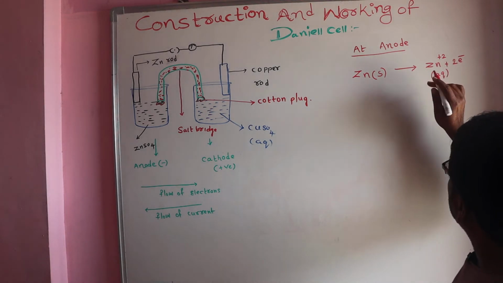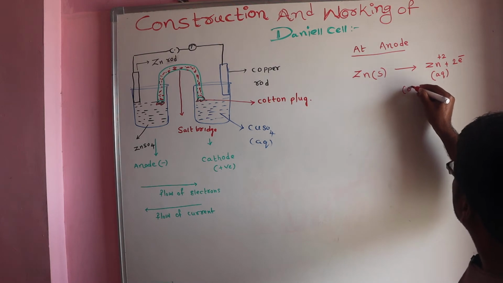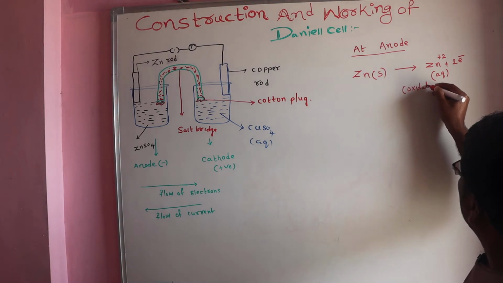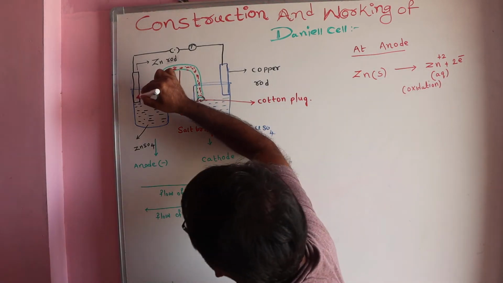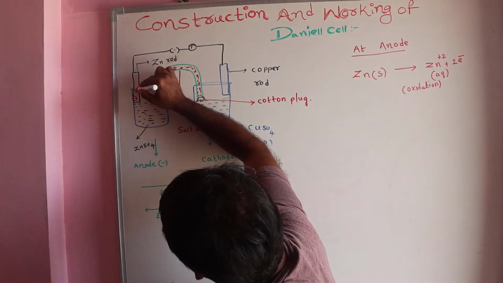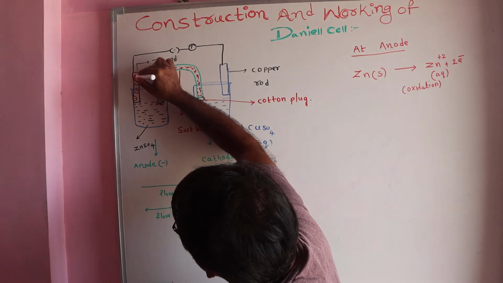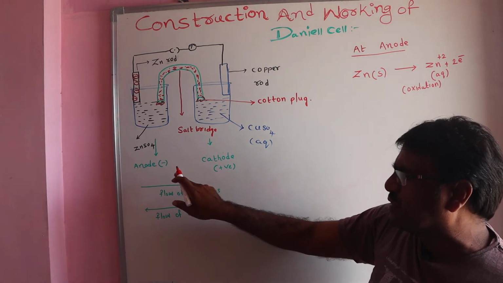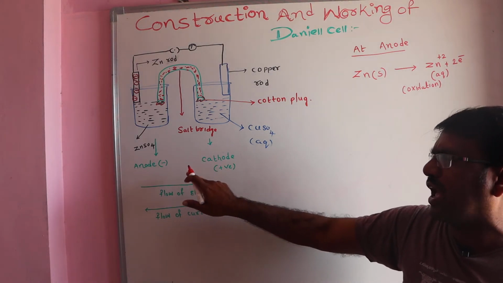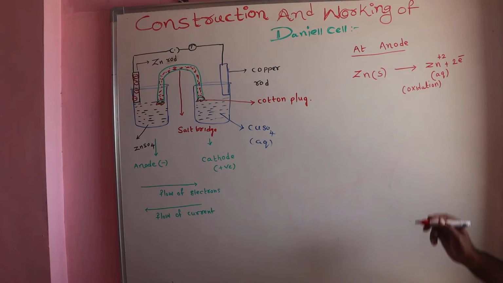And you know that the loss of electrons is known as oxidation. At the anode, oxidation takes place. Because of oxidation, the electron density increases at the anode. That's why it is represented with a negative sign, and it is called the negative electrode.